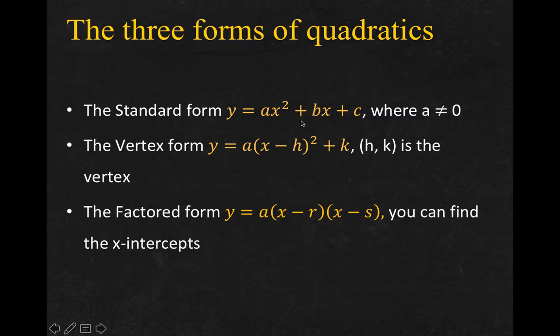For example, we don't cover how to go from standard to vertex, but we cover how to go from vertex to standard. We cover how to go from standard to factored, and vice versa. But we don't cover how to go from vertex to factored right away. So it's two units that we're going to cover. The important part for now is that quadratics have a highest degree of 2.